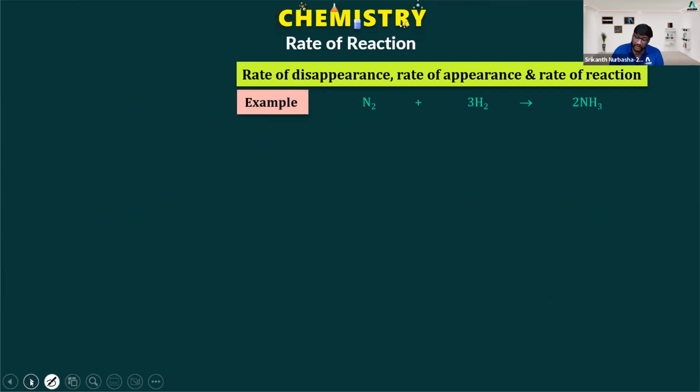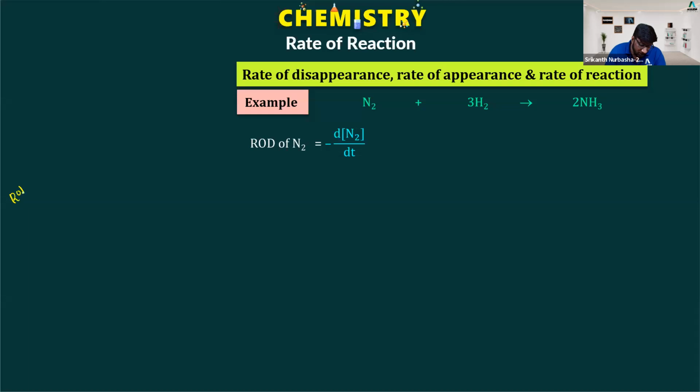Example, you take an example, N2 plus 3H2 gives us 2NH3. Rate of disappearance earlier we have written with respect to average rate, because we have used delta sign, minus of change in concentration of N2 by time required for that change. But now you are using minus d concentration of N2 by dt. Minus of d concentration of N2 by dt I can use, where d concentration of N2 by dt indicates the instantaneous rate. Again, I can write the same value.